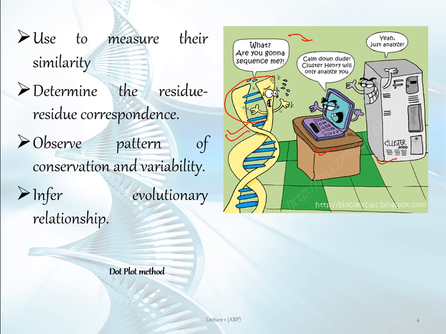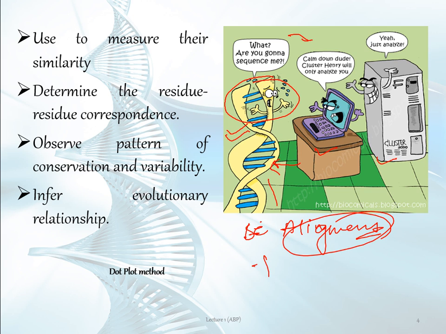The DNA feels fear about what the computer and analyzer will do with it. The computer says, I only have to do sequence similarity, sequence alignment, nothing more than that. I am not going to cut you. Your sequence is fully yours. I am not able to cut you, but I have to align the sequence with the database.